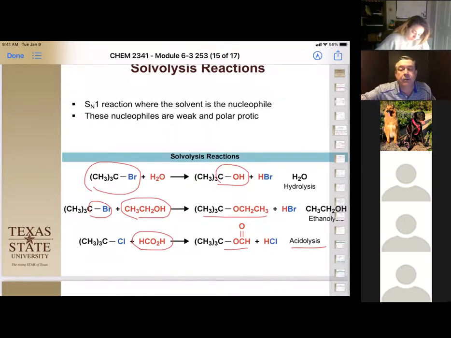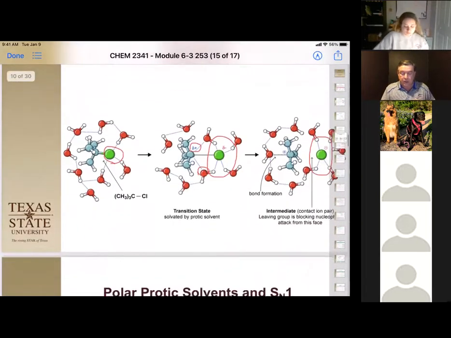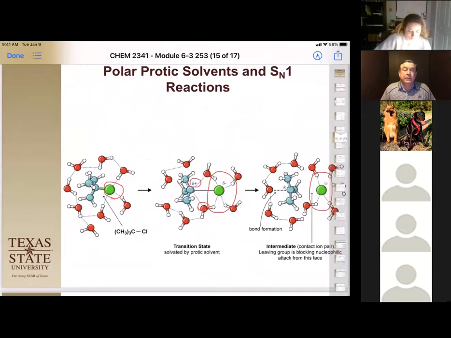Another thing when you're looking for what mechanism is being used: look at the solvent in the system and figure out what the product is, and you'll see what's happening. If we have water, it's hydrolysis, we can make ethers, or we can even make esters from the system using a carboxylic acid. In a lot of cases, we'll use polar protic solvents because the polar protic solvents will hydrogen bond tightly to the leaving group, making it easier to leave.